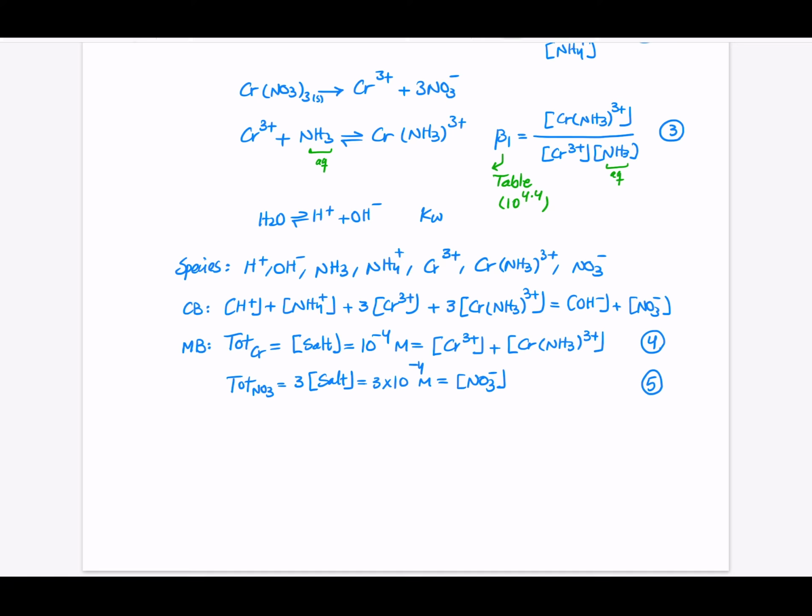So here we can do 3 into 4. What happens is that the total chromium would be chromium 3 plus plus beta 1 times chromium 3 plus times ammonia, obviously in the equilibrium.